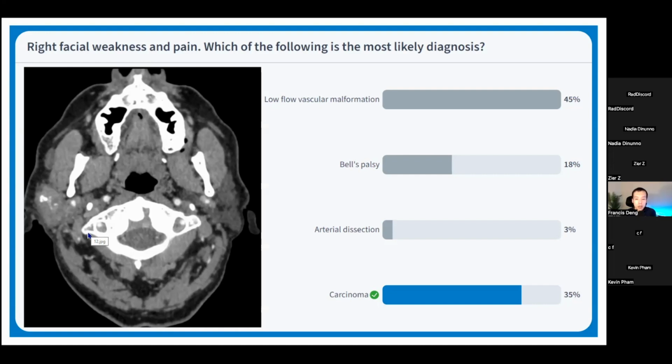And when you have forehead sparing, that points to a central etiology. However, there is an uncommon mimic, which is a lower trunk of facial nerve involving lesion, especially in the parotid gland, which was present in this case.